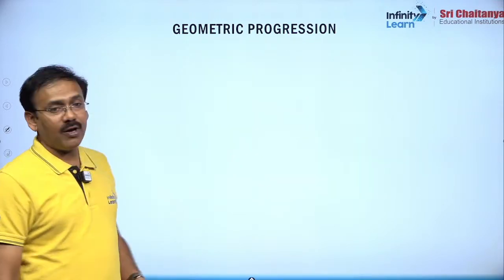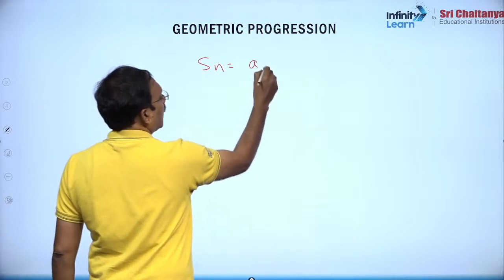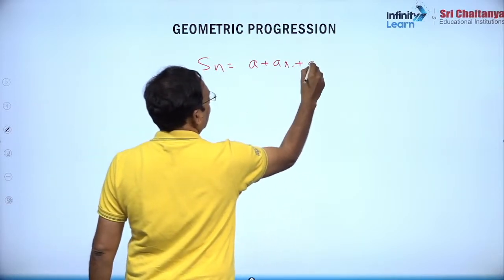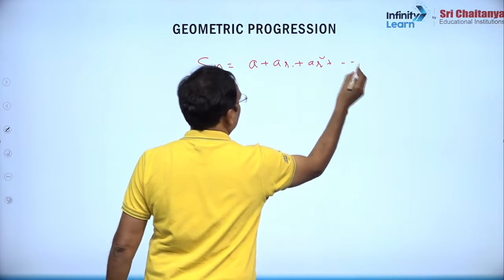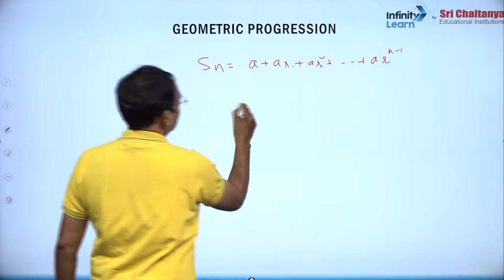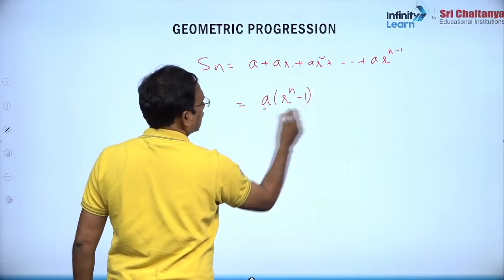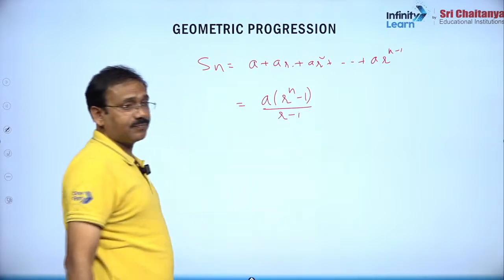And here one more point is, the sum of n terms of a GP is going to be A plus AR plus AR square and so on. The nth term will be AR power n minus 1. The formula let me give like A into R power n minus 1 by R minus 1.